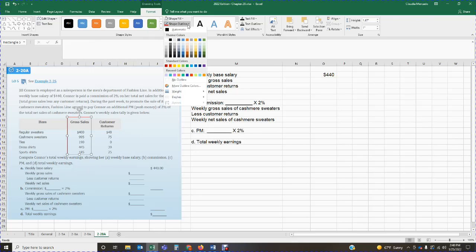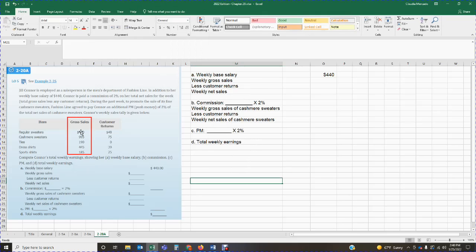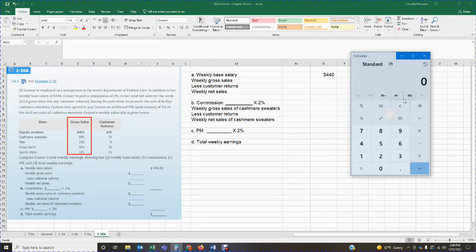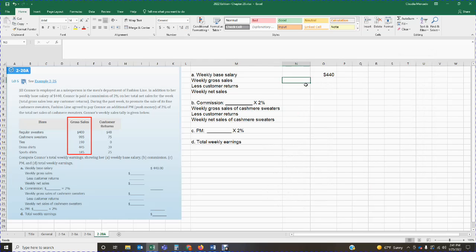So for my weekly gross sales, I'm going to add your sales numbers, so we can figure out how much we sold during the week. We have $400, $995, $190, $445, and $185. That gives me $2,215 in sales. I'm going to put that in the first column so I can do a calculation.